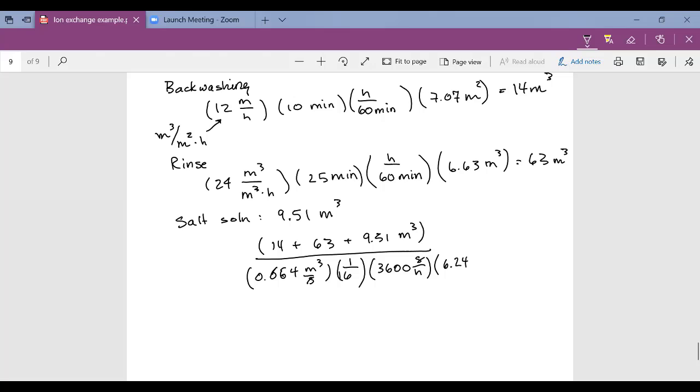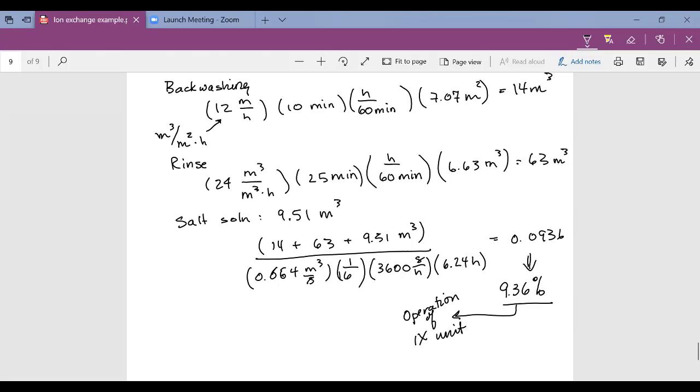This is when we're actually producing water, and that is equal to 0.0936. So roughly 9.6%, or roughly 10% of the water that we produce goes back to the operation of the ion exchange unit.